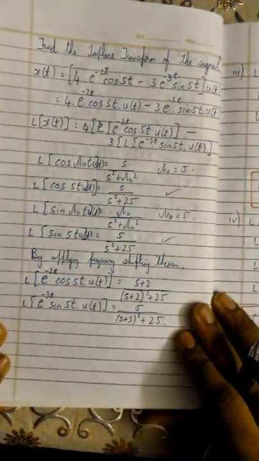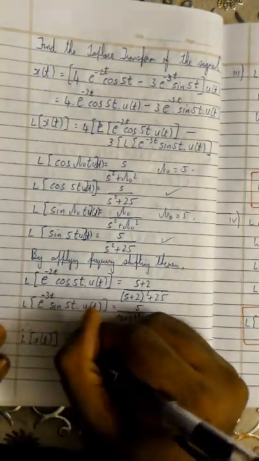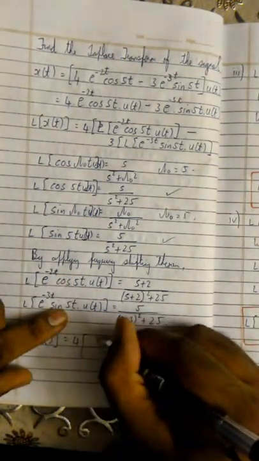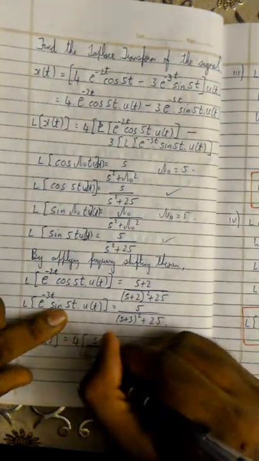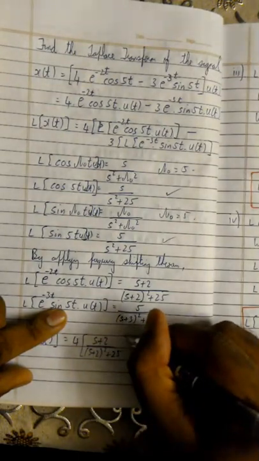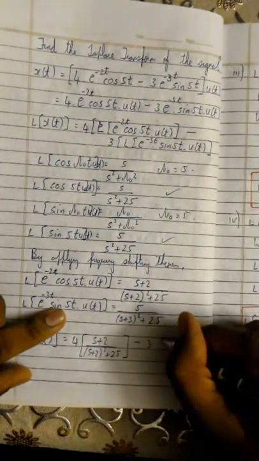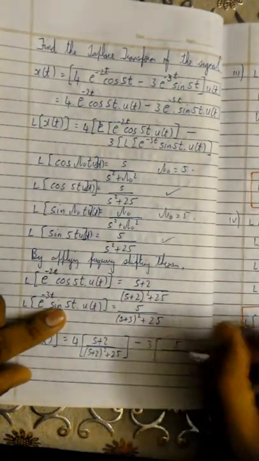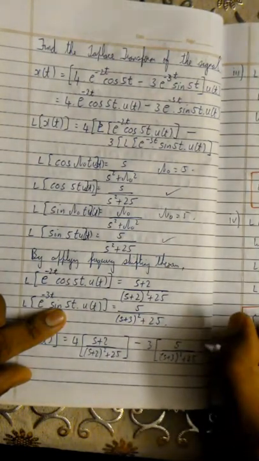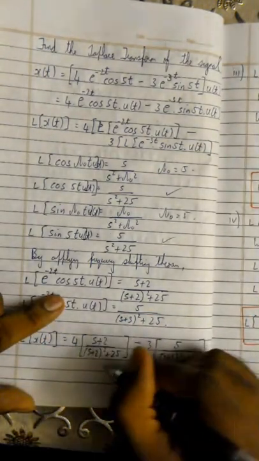Therefore the Laplace transform of x of t is equal to 4 into s plus 2 by s plus 2 the whole square plus 25, minus 3 into 5 by s plus 3 the whole square plus 25. This is your final answer.